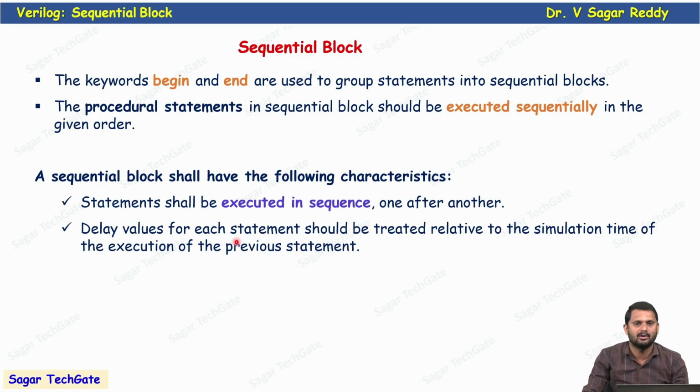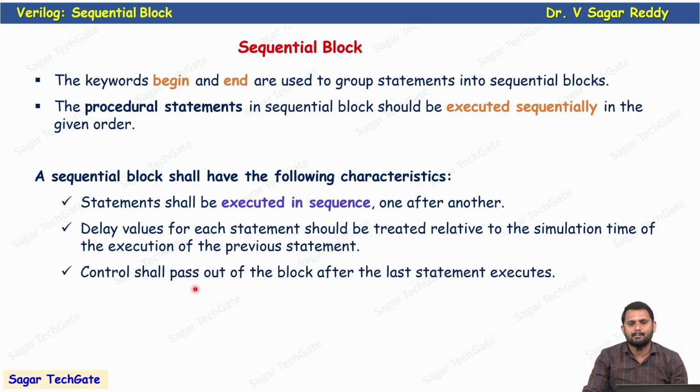We'll see some examples. And control shall pass out of the block after the last statement executes. So when the last statement in the sequential block has executed, control passes out of that block.